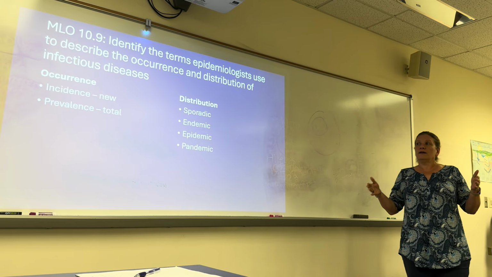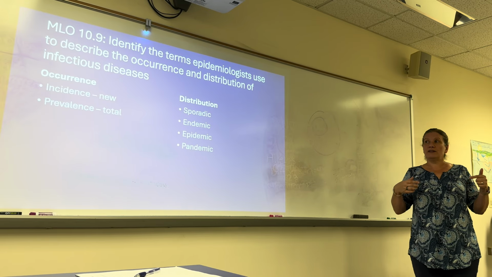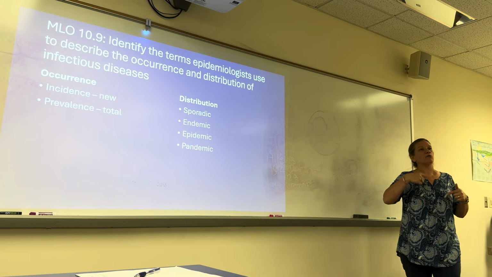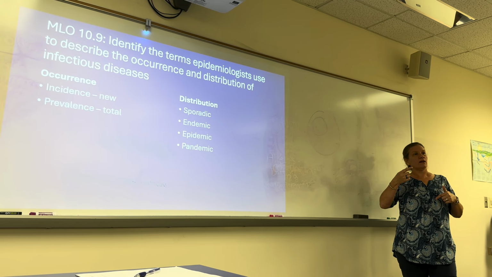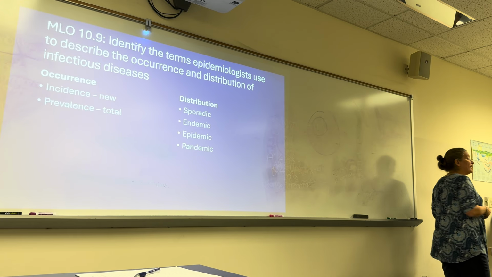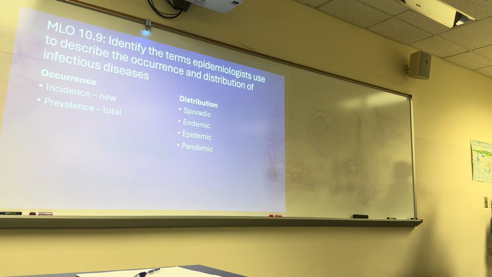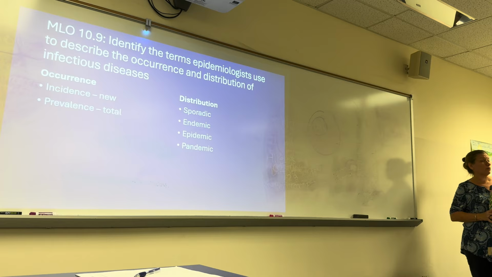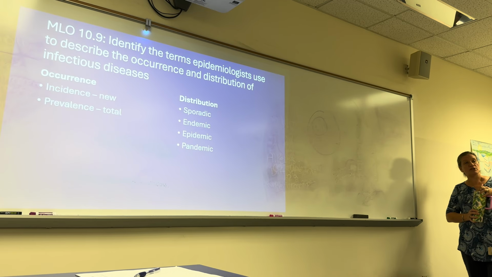But when the number of new cases falls outside of the expected, that's where it throws it into an epidemic, a sudden acute disease outbreak. That doesn't mean that there weren't people sick with that particular disease state.